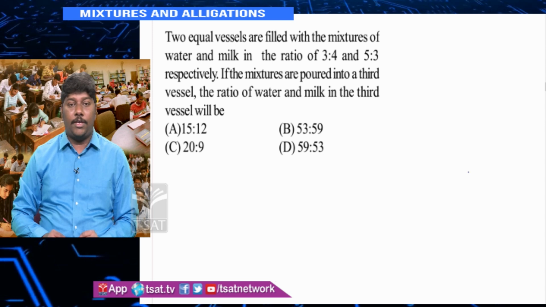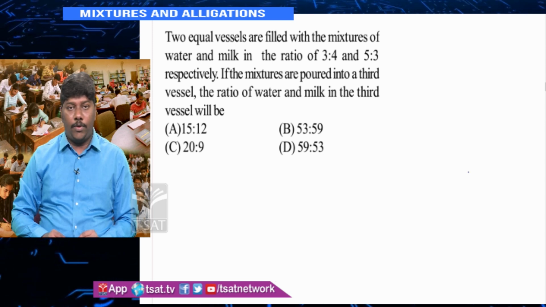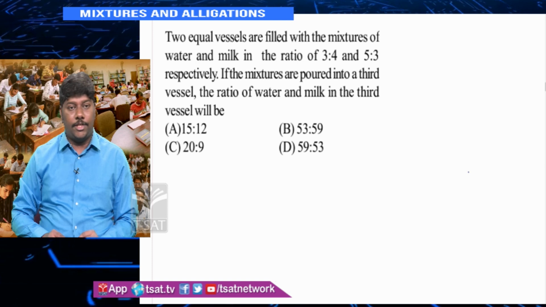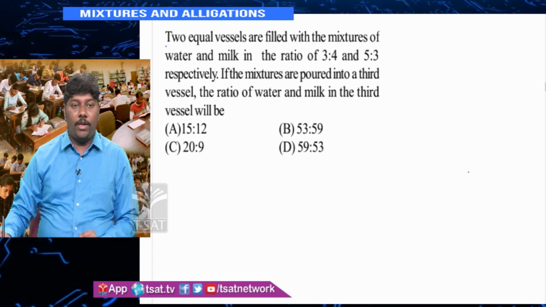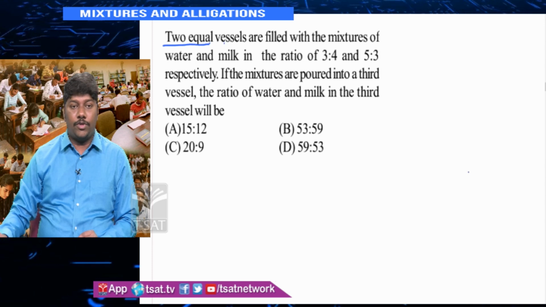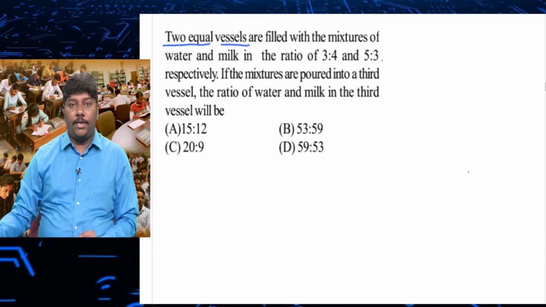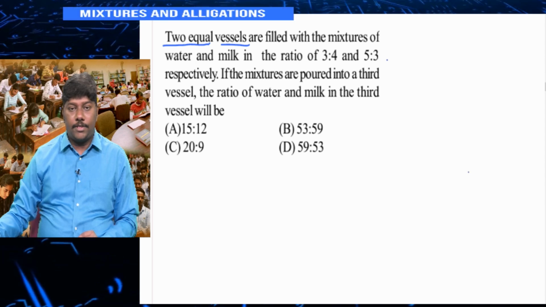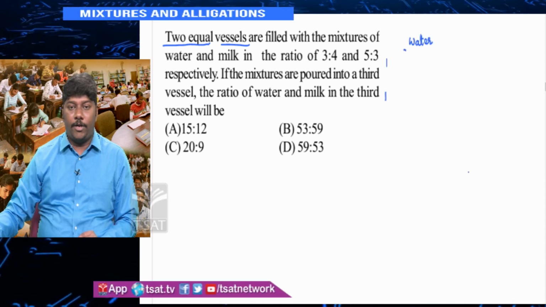The ratio of water and milk in the third vessel will be, every time he said water and milk only, so order does not change here. Mixing them in equal quantity, therefore N1 is to N2 is 1:1. We can do it in different ways. I am taking water here.